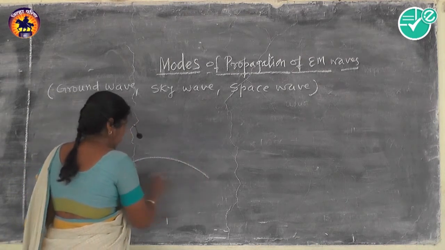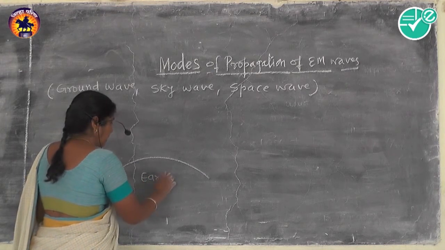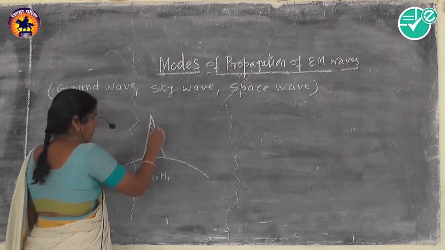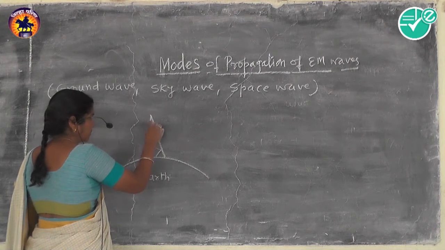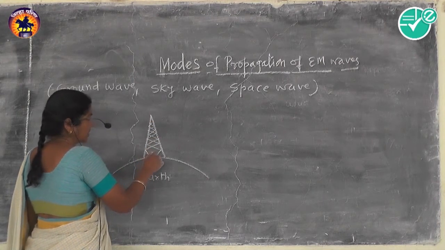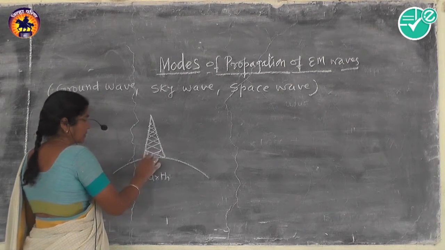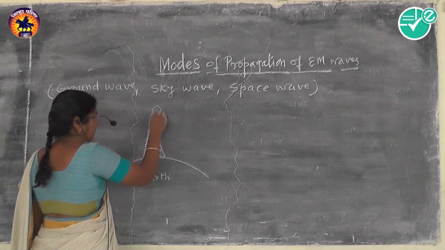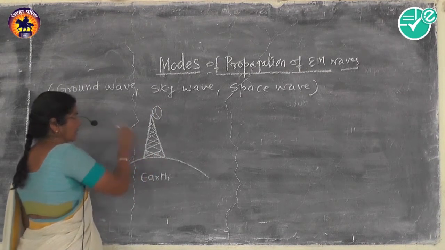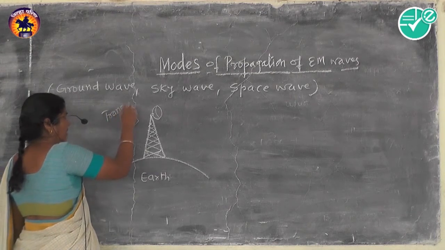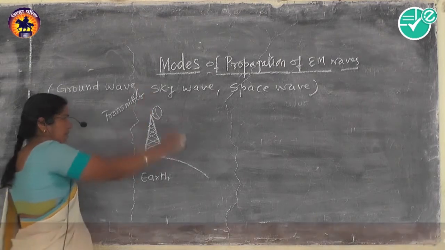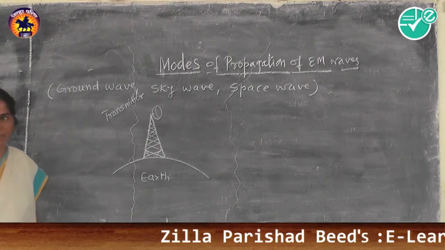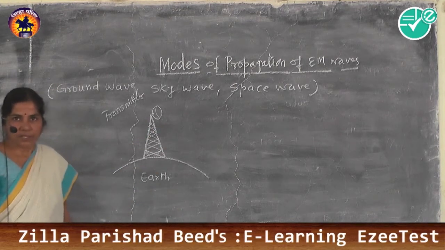Suppose this is Earth's surface, and there is a transmitter mounted on the surface of Earth. This is the transmitter, which is the first important part of the communication system. The transmitter sends the waves, TV signals, towards the receiver.